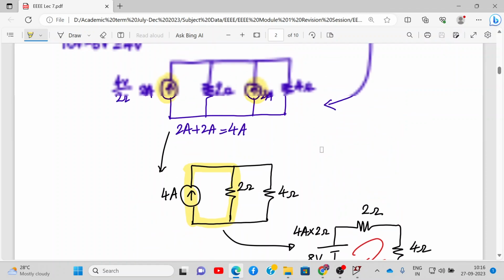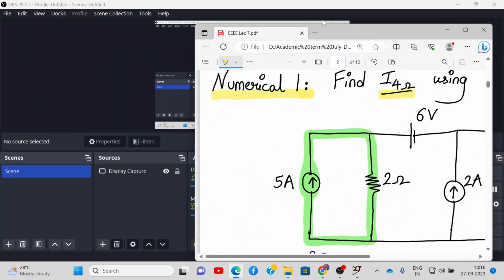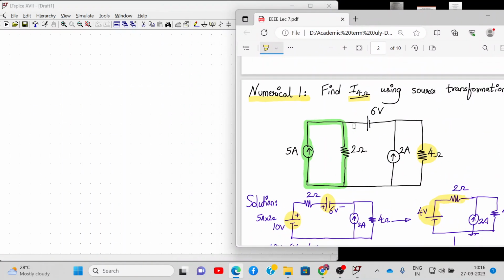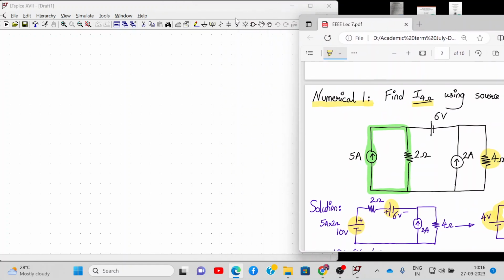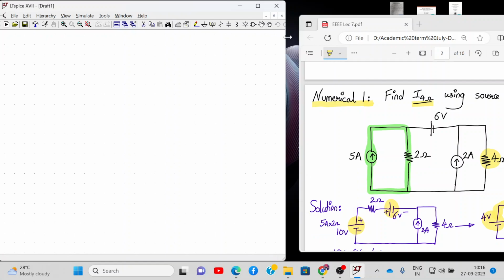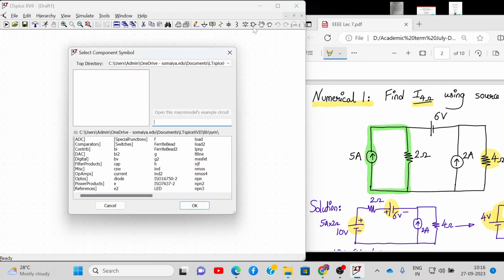Now let us quickly check this with LTspice and see whether we get the same answer. So I've already opened the LTspice window. Let me reduce this. All right, so let's build a circuit using LTspice quickly. So here is my component. This is my LTspice workspace. From component, I'll select current.